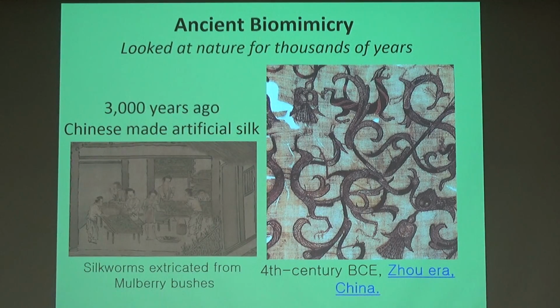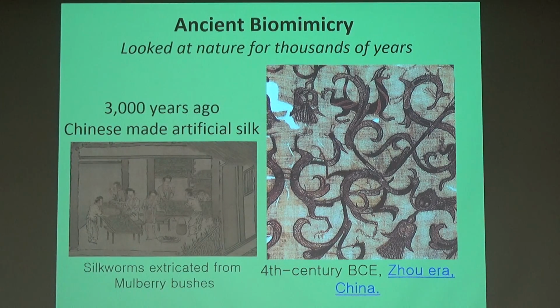For example, roughly 3,000 years ago, the Chinese made artificial silk, inspired by the supreme properties of silk as a material that has no human equivalent. So we can go back 3,000 years and see biomimicry in action.